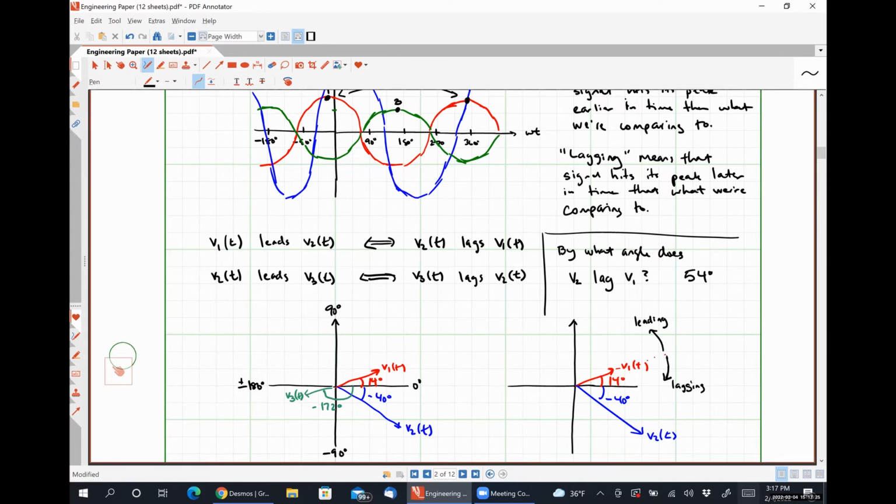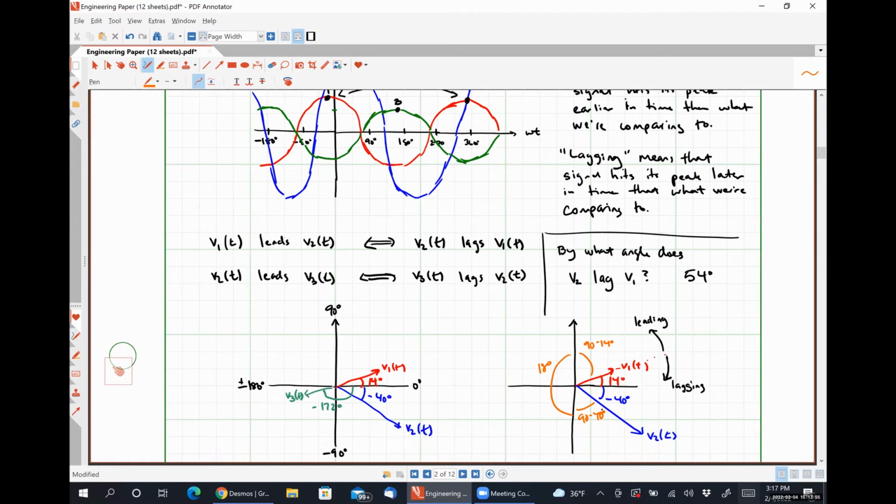If we wanted to know by what angle V2 leads V1, we'd have this guy right here, which is 90 minus 14 degrees. Then we'd have this 180 degrees. And then this guy right here, which is 90 minus 40 degrees. So that would be, I'm going to use a calculator, so I'll screw this up.